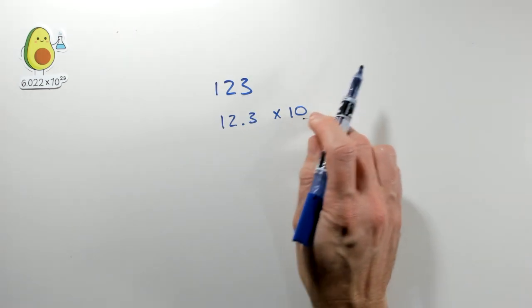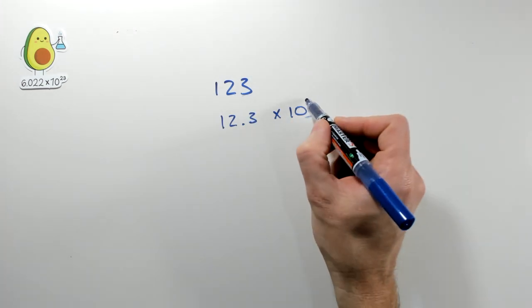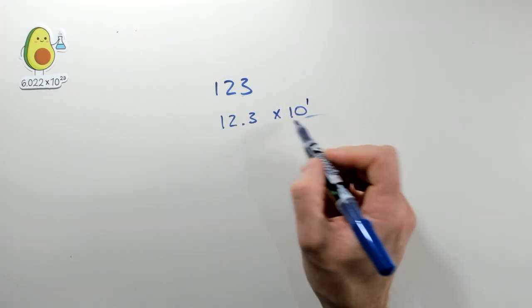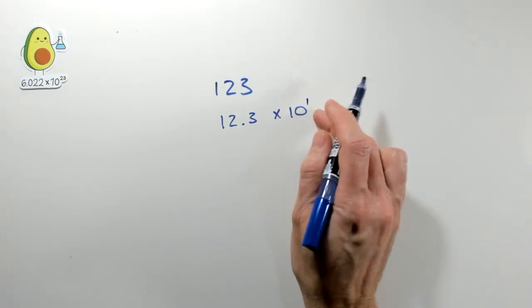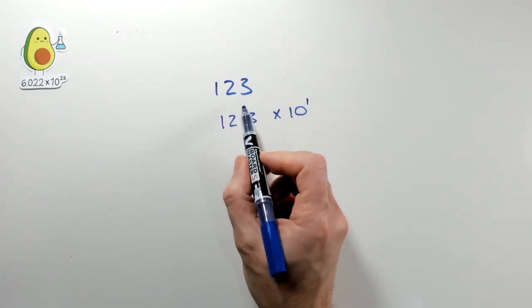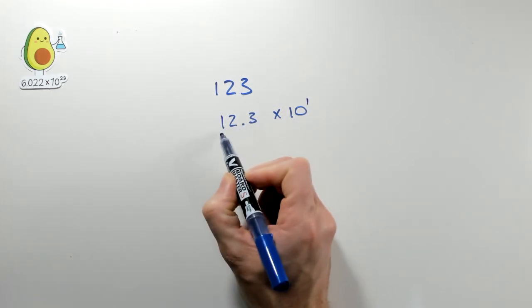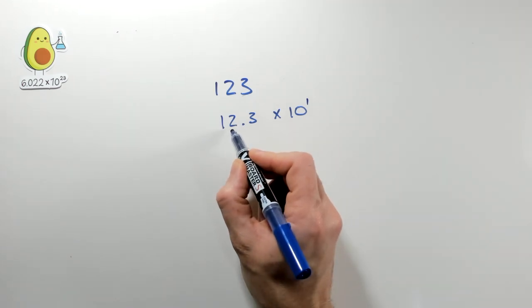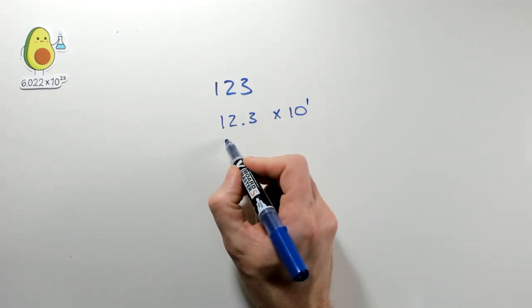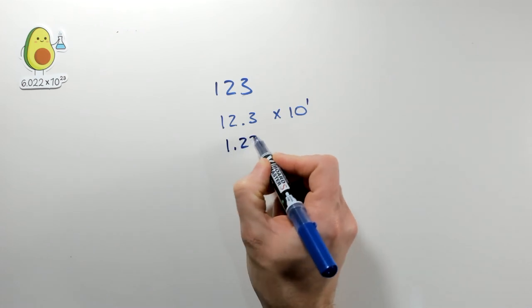This, however, is not standard form. We'd usually not really write standard form with the 1 there. But anyway, it is there, so I'm just writing it there. This is not standard form. I need one digit before the decimal. So in order to get this number, I have to make this number not 12.3, but I have to get it at 1.23.